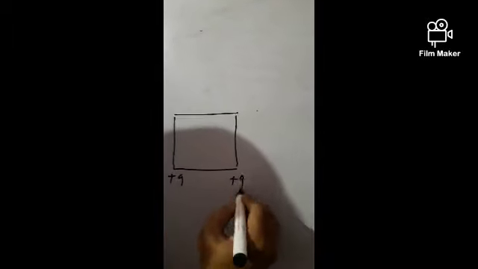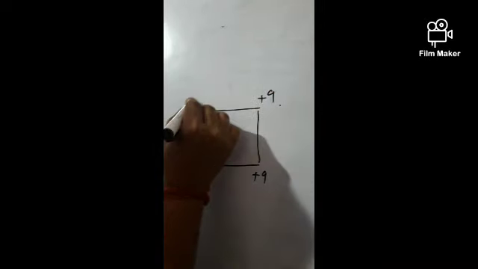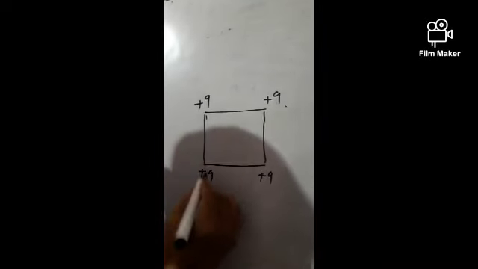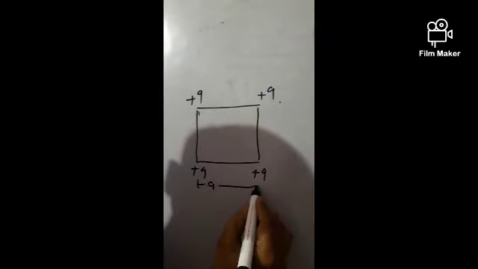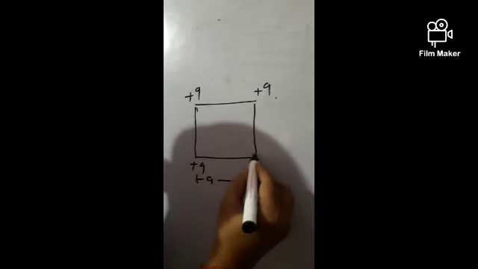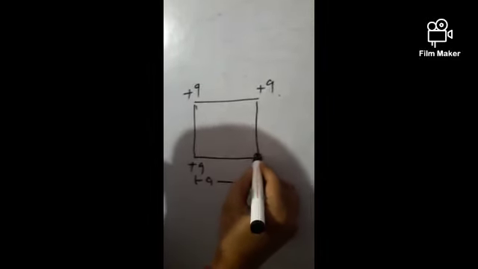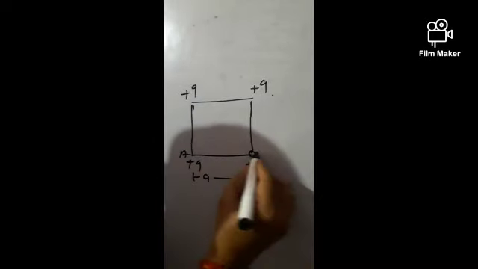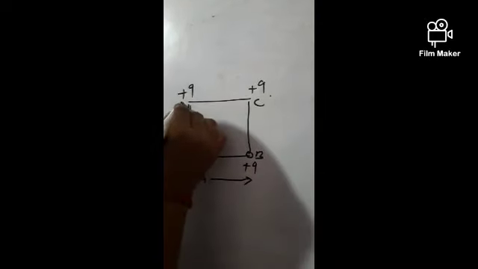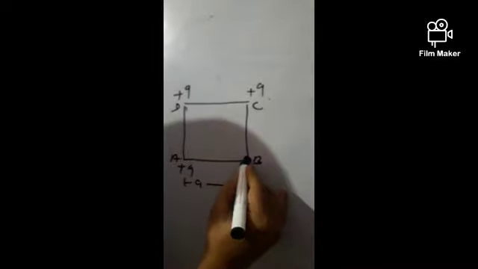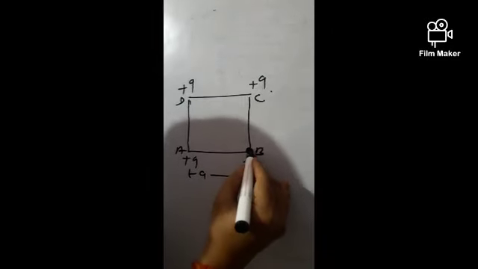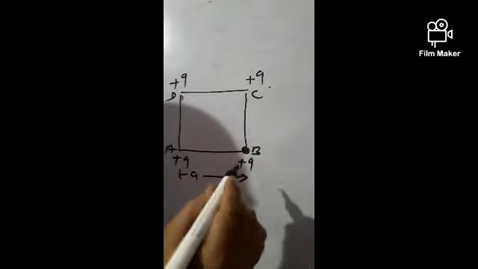For example, if four point charges are placed on corner of a square of length of side small a, we have to find net force on any one charge. In this question, suppose we have to find net force on B.